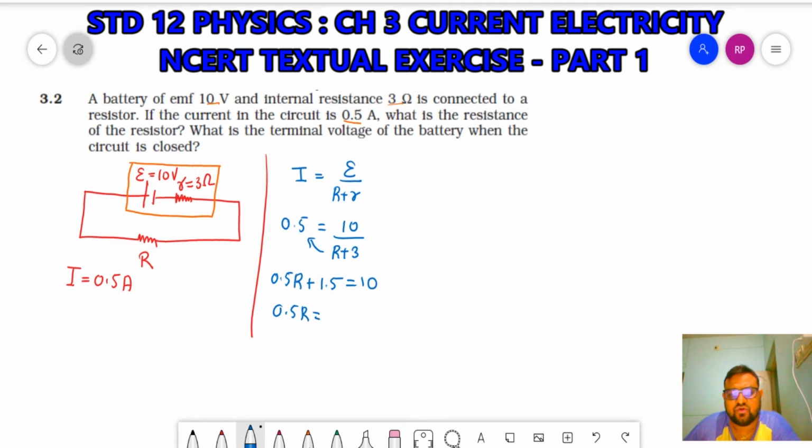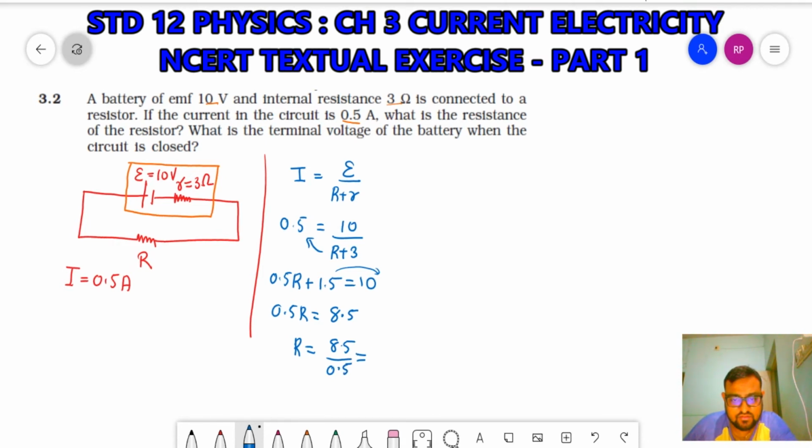This is 0.5 R equal to 10 minus 1.5, that is equal to 8.5. So R is equal to 8.5 upon 0.5, 17. Okay, it's 17. So the external resistance, or the resistance of the resistor, is 17 ohm.